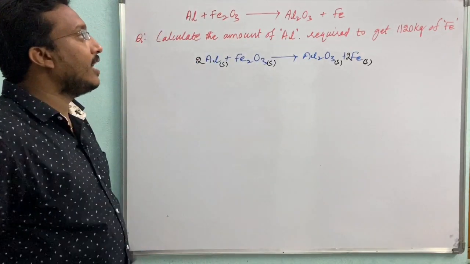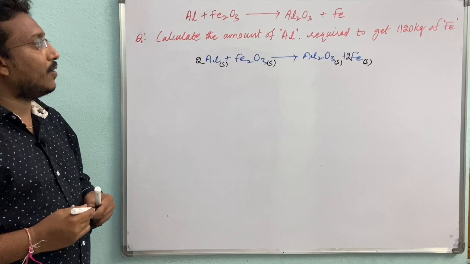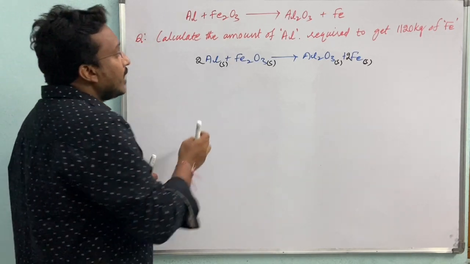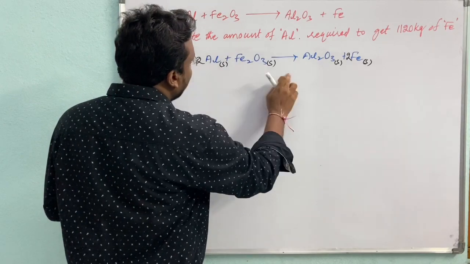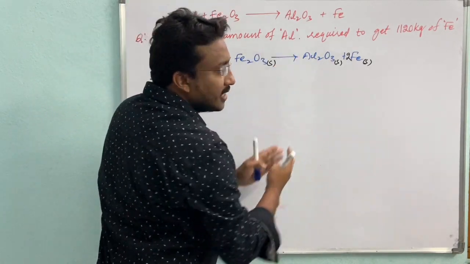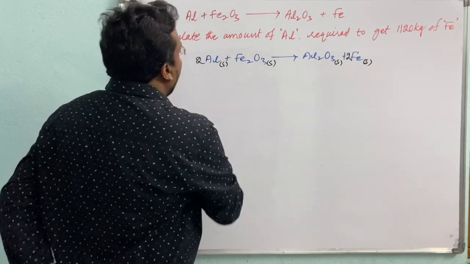Now the given equation is balanced and more informative, right. Here we are going to discuss the reactant side and product side, and what their masses are.